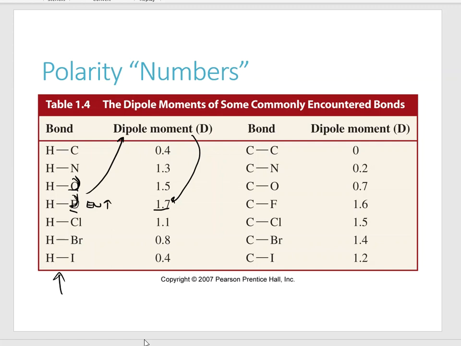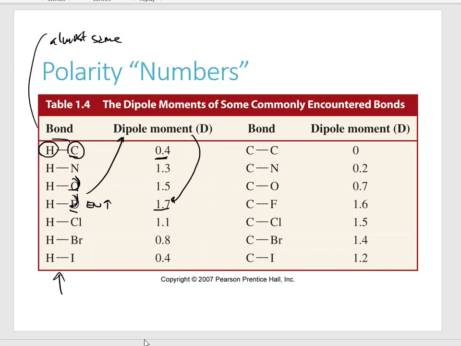Okay, carbon to hydrogen, look at here. This carbon to hydrogen bond has a very low dipole moment. This dipole moment is 0.4. So it's almost close to zero. What that means is that carbon's electronegativity and hydrogen's electronegativity are almost the same.